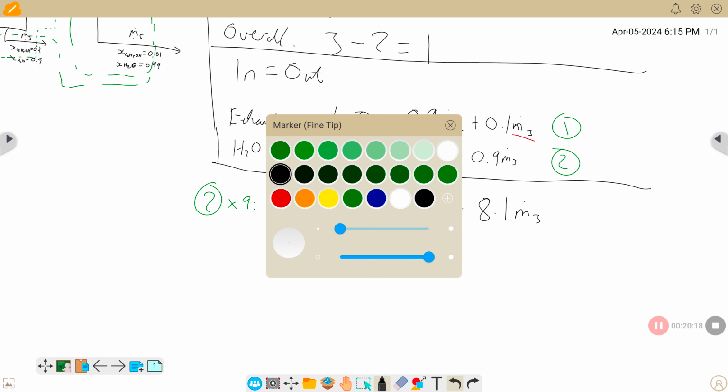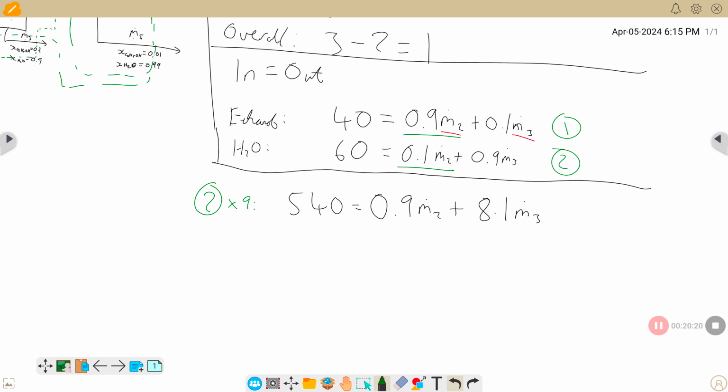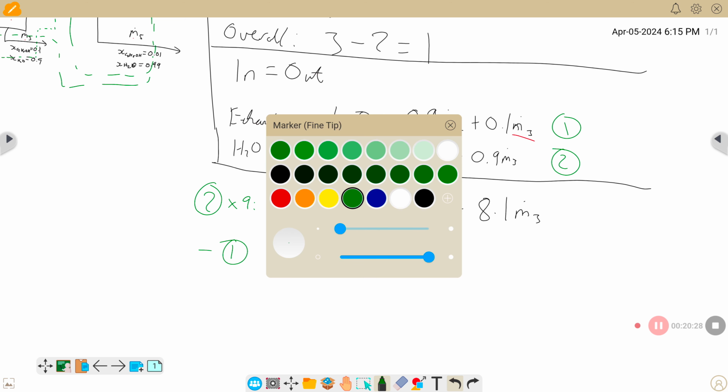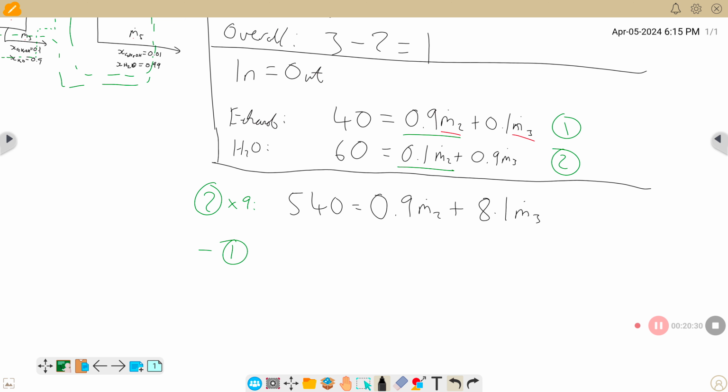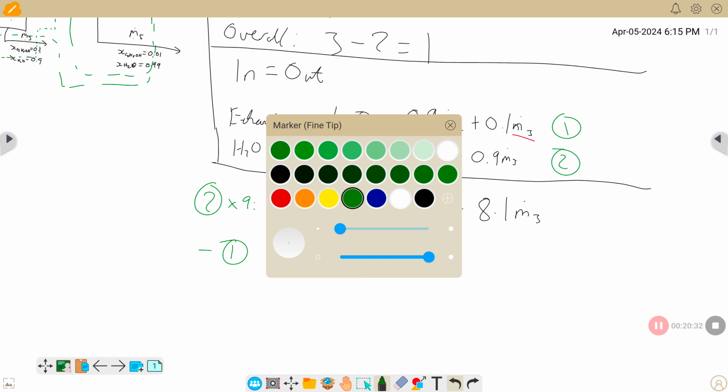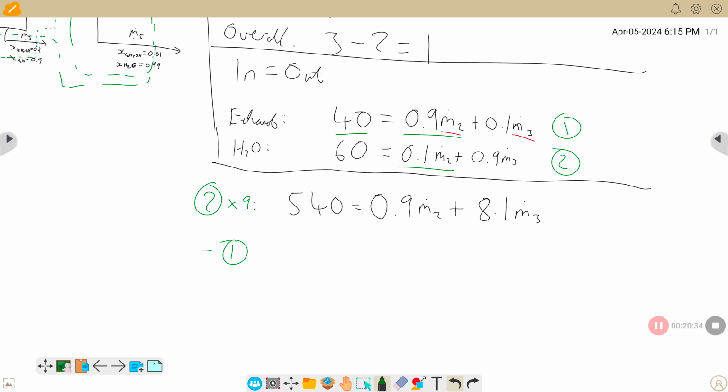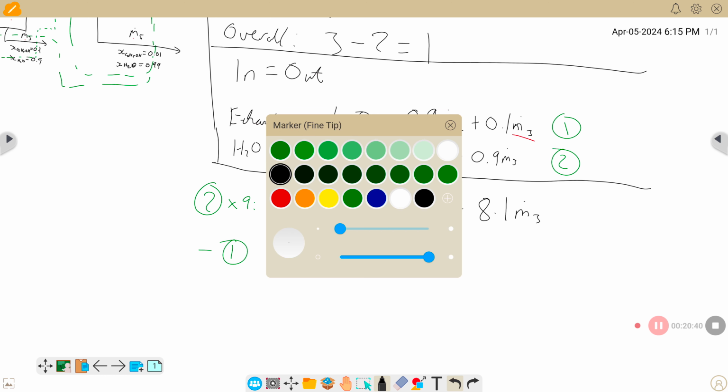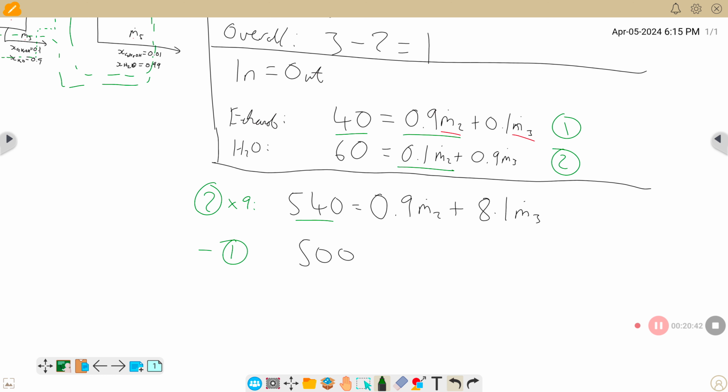Now, I'm going to subtract my first equation from that, and let's see what happens. I'd subtract this 40 from this 540. That gives me 500. I'd subtract this 0.9 M2 from this 0.9 M2.